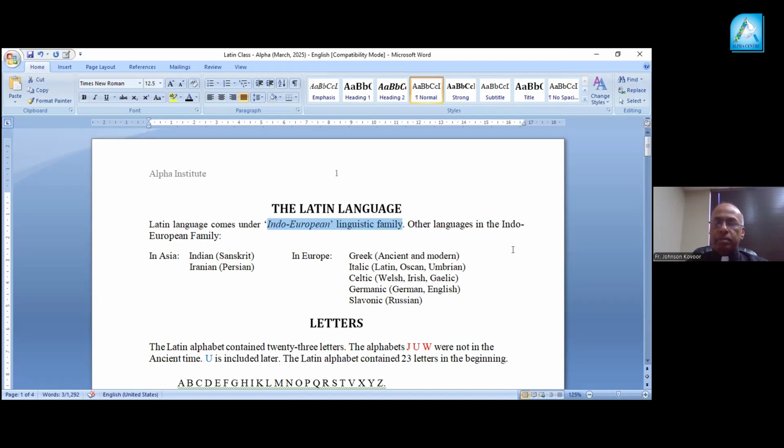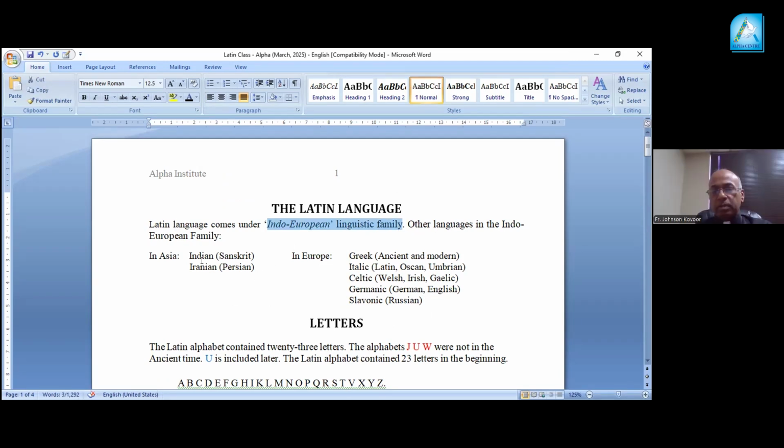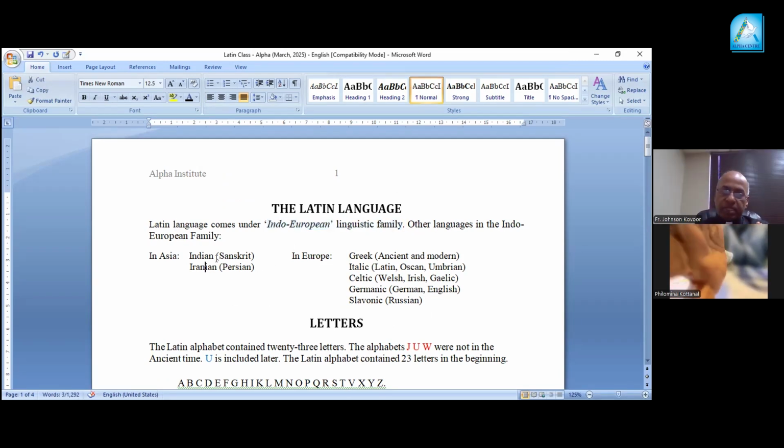It comes under the Indo-European family, and in Asia we have Sanskrit and Persian. In Europe, we have different languages. There comes Italic, in which Latin comes. So at first, let us remember that this is an Indo-European language.